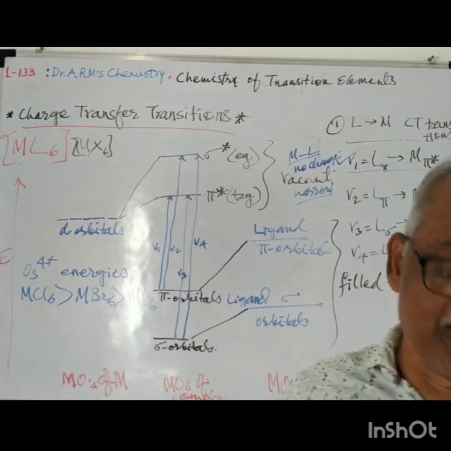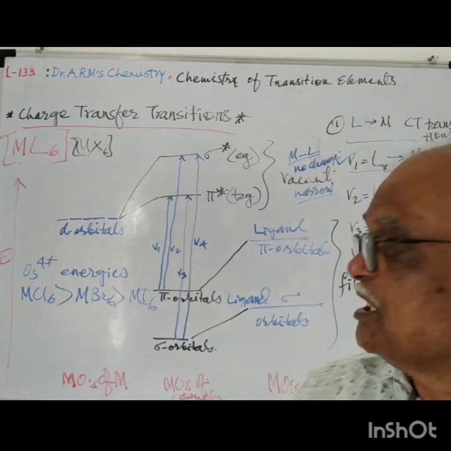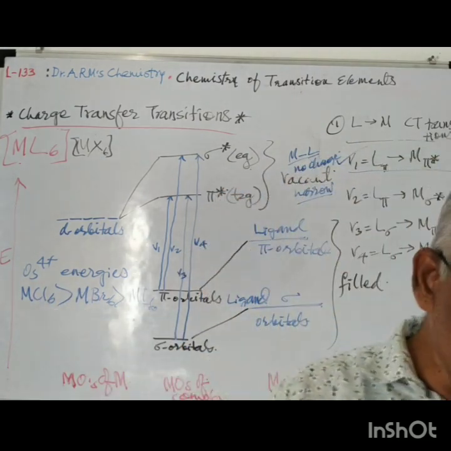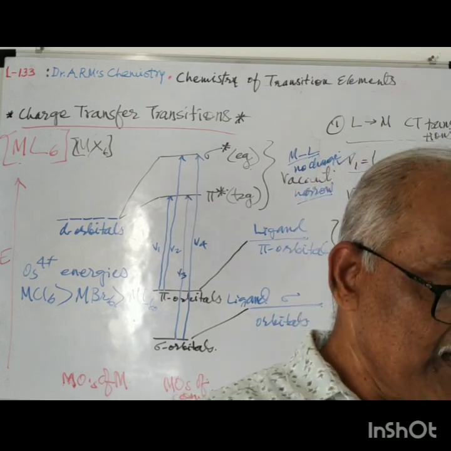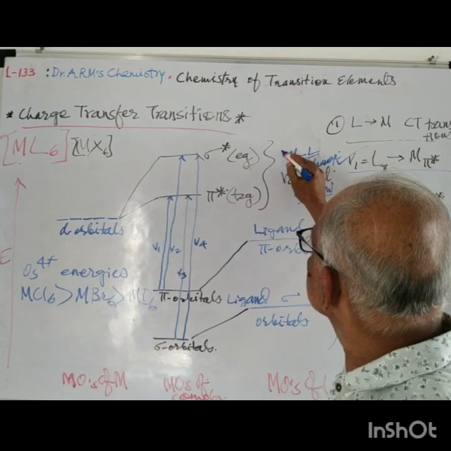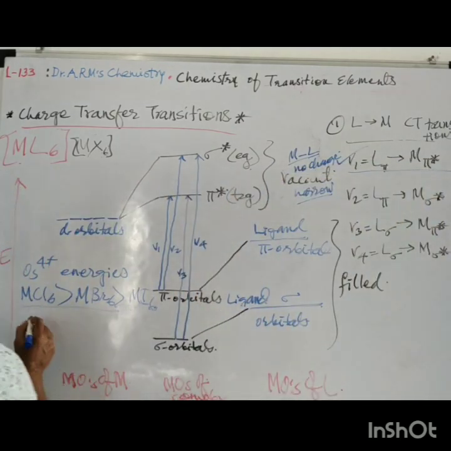So the ionization potential as well as the easier oxidizability of halogen shows the energy in this order of the transitions which are ligand to metal of V1 class. We are considering this V1 class or V1 type transitions.